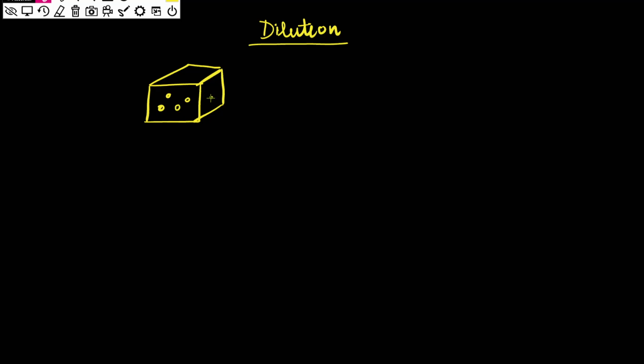See, first of all, we will understand what we mean by dilution. Suppose we have a 1 centimeter cube, a three-dimensional volume, and here suppose we have n number of particles. Now suppose these are the solute particles.